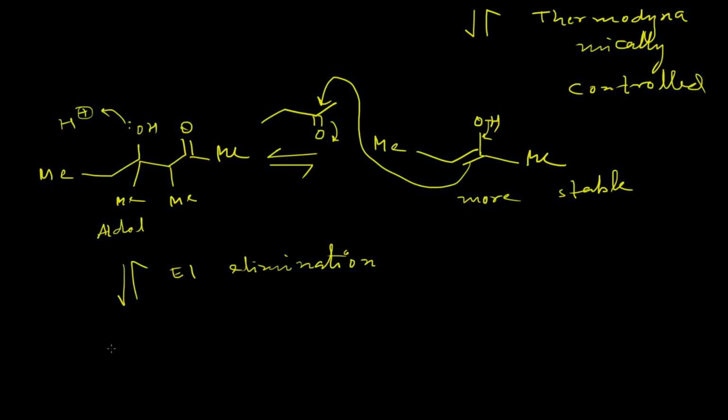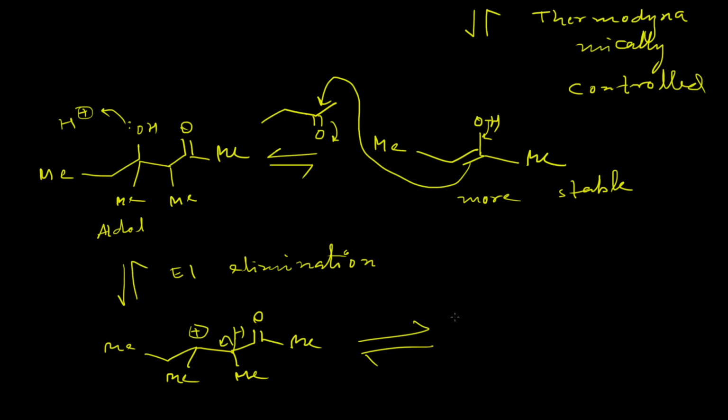Here the OH will be protonated and a water molecule will leave from the system, which will result in a stable 3-degree carbocation. After that, this alpha hydrogen atom will form a double bond to this carbocationic center, and this will result in the formation of our final alpha beta unsaturated ketone.